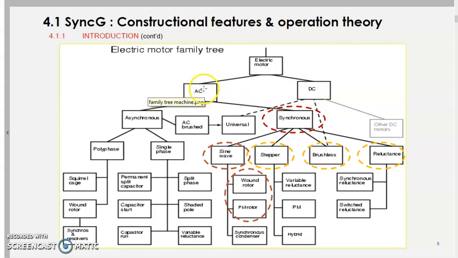From AC, we divide into synchronous and non-synchronous. For single phase, which we have learned, we need a starting method of permanent split capacitor, capacitor start, capacitor run, shaded poles, or split phase. Variable reluctance we don't touch yet, or we neglect this one.